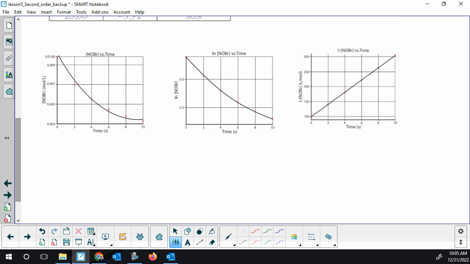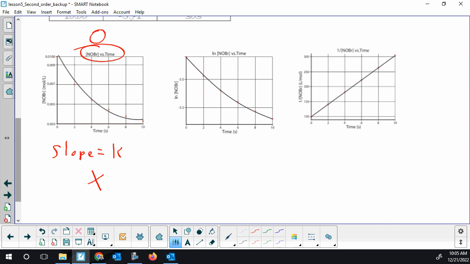this is the straight up concentration versus time. If the reaction was zero order, we would get a straight line with a slope of minus k. And we do not have a straight line when you plot concentration versus time. So that data is not zero order.